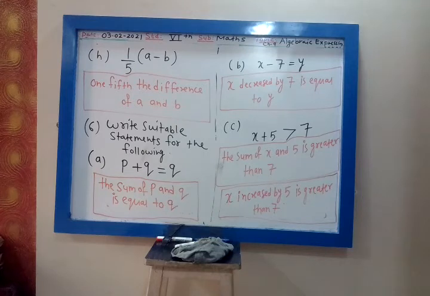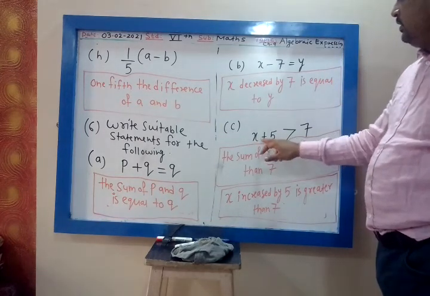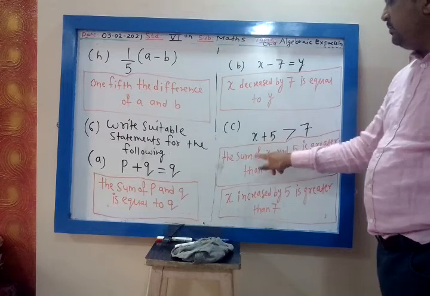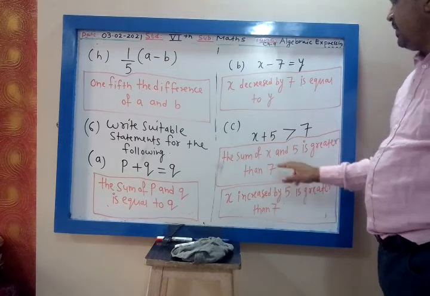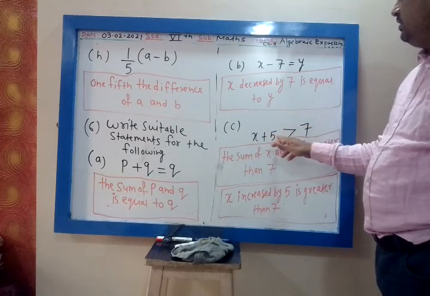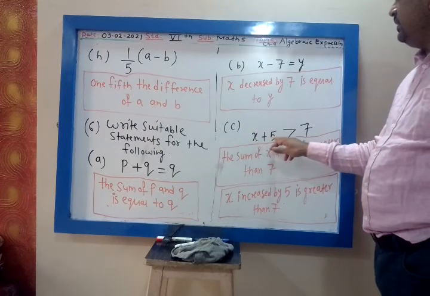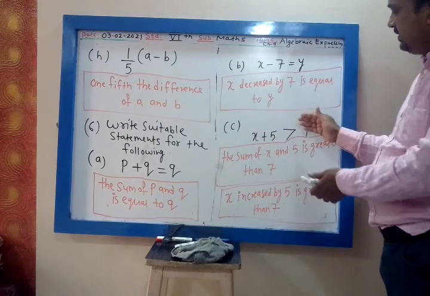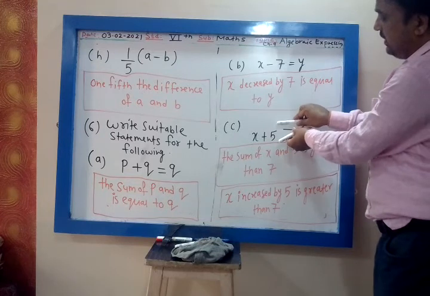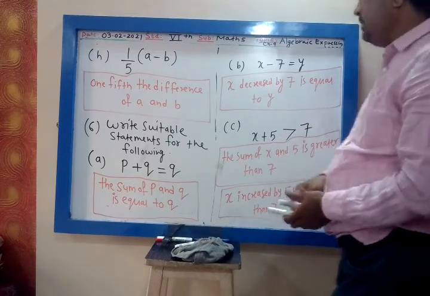x increased by 5, because it is x plus 5. We are adding 5 to x, so we say x increased by 5. Then it is greater, since the inequality is toward x plus 5, meaning greater than 7.